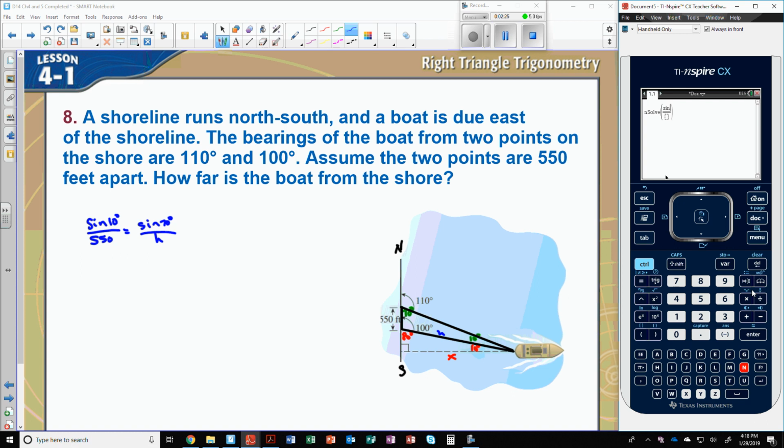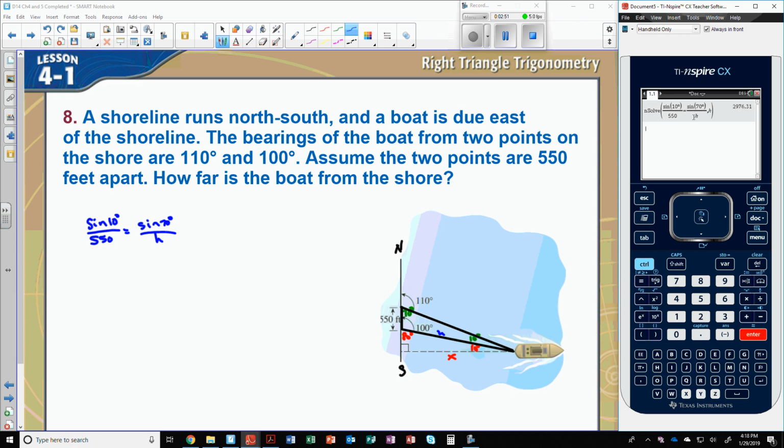And so we have sine of 10 degrees over 550 equals, fraction here, sine of 70 degrees over our h.